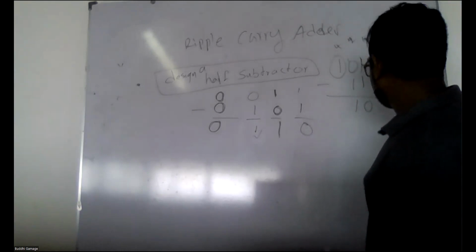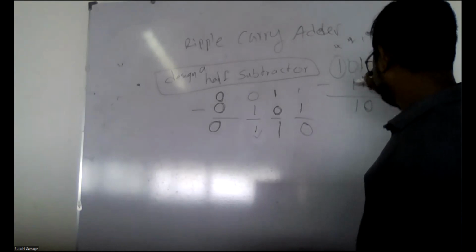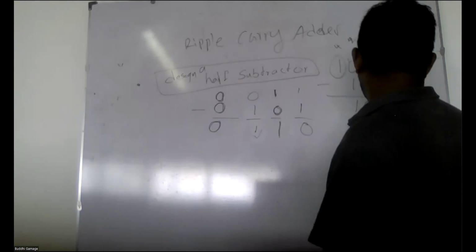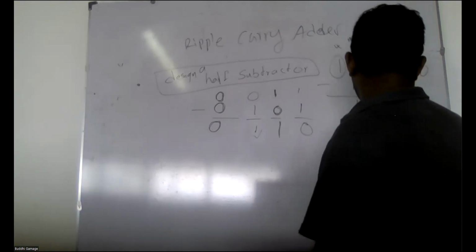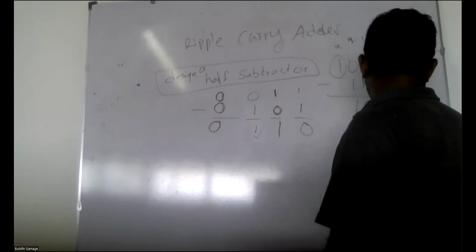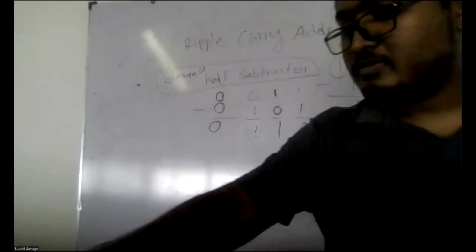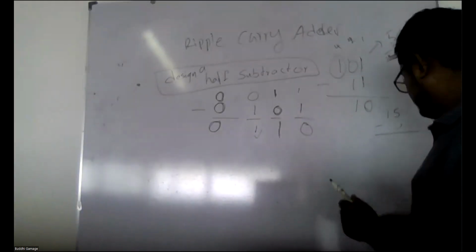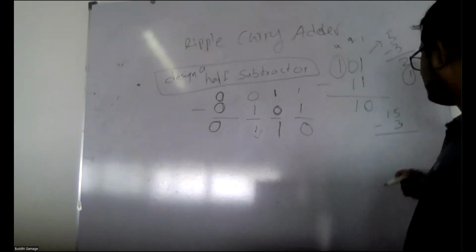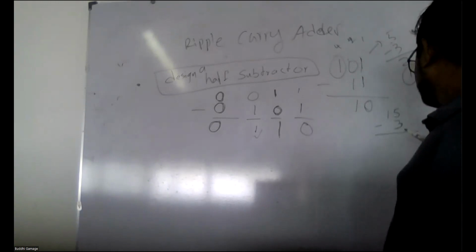So we are reducing 1 1 0 0 minus 1. So let's consider it in a decimal way. Let's say we are subtracting 3 from 15.